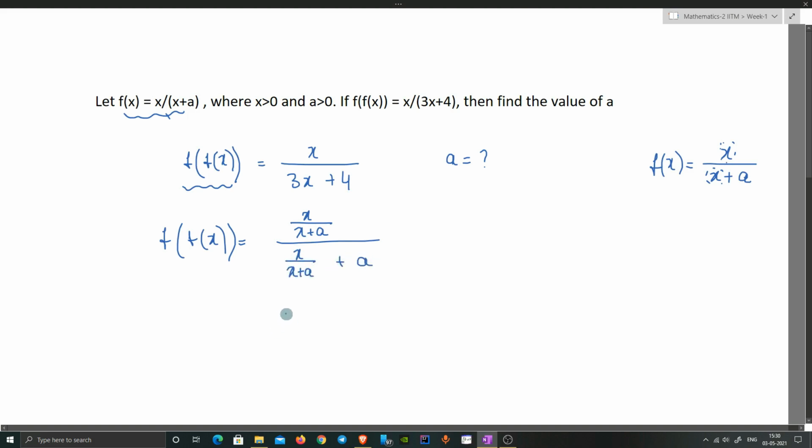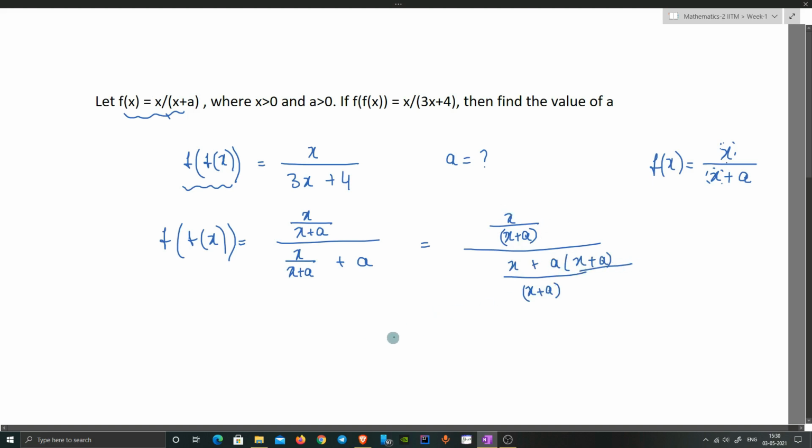Now I'll take the LCM in the denominator: x by x plus a, whole divided by, if I take the LCM, x plus a and x plus a into x plus a.